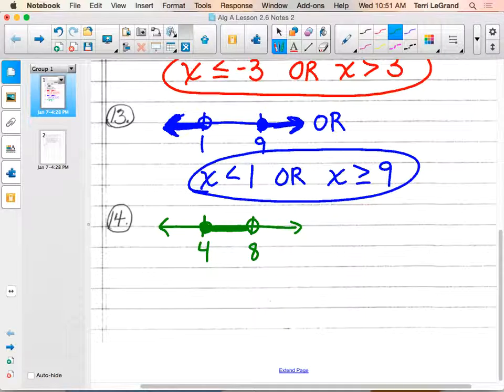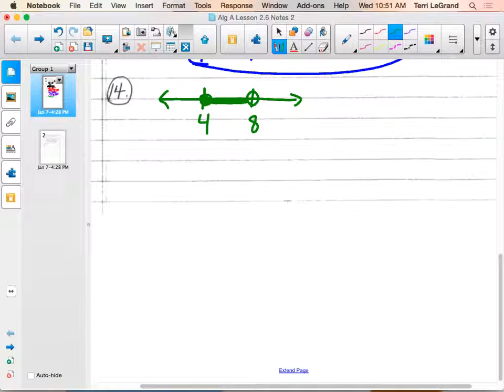And I expect you to do the same thing in your homework. The and ones sometimes feel like the trickier ones to actually write because we don't use the word and. We bring it together instead.